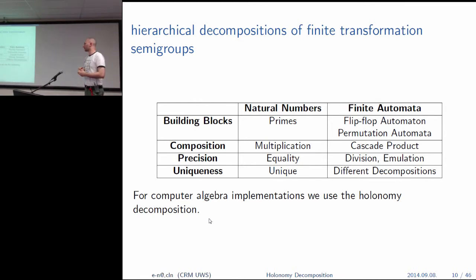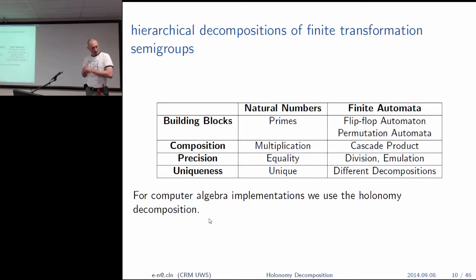And the most important thing is that while the prime decomposition for integers is unique up to the order of the components, for transformation semigroups you get different decompositions. And that's the key idea, because we claim that the reason why we are doing these decompositions is that they are a form of understanding the underlying semigroup structure. So of course there should be more than one way to understand the same complex structure.